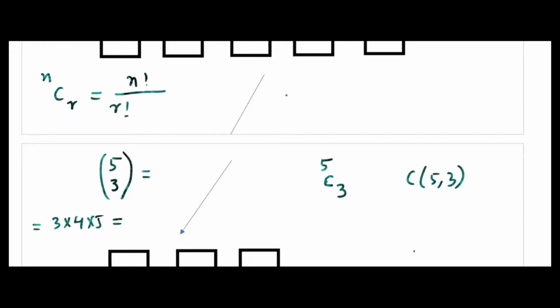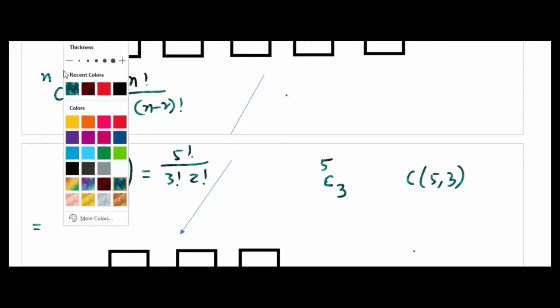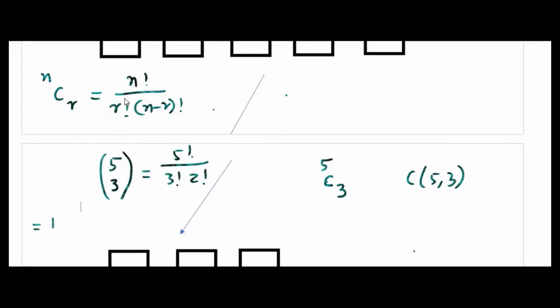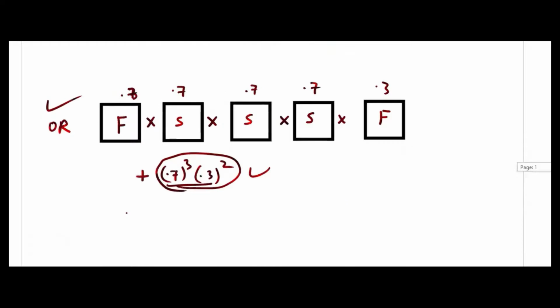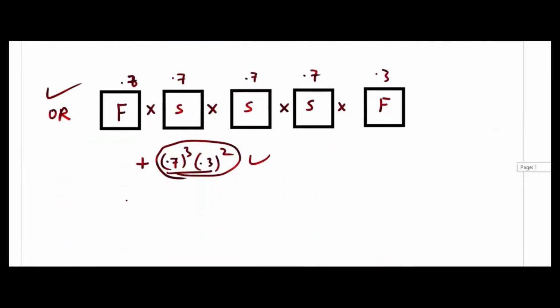N factorial over R factorial times N minus R factorial: 5 factorial over 3 factorial times 5 minus 3, 2 factorial. If you cancel 3 factorial, 4 times 5, you will get 20 divided by 2, that is 10. So the answer will be 10. So in 10 different ways, team A can win 3 matches.